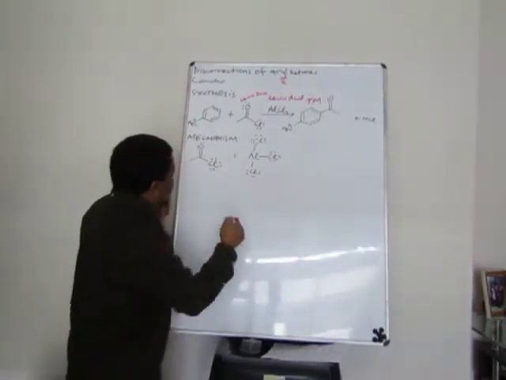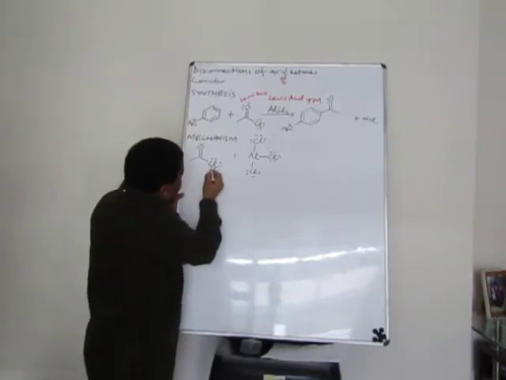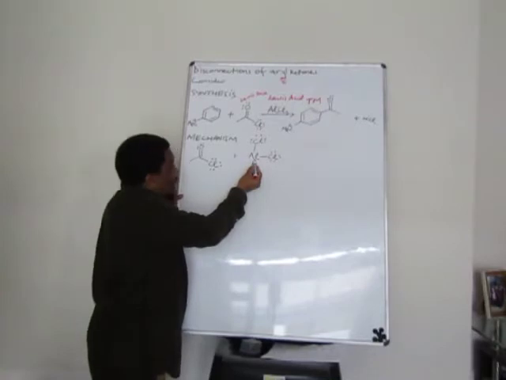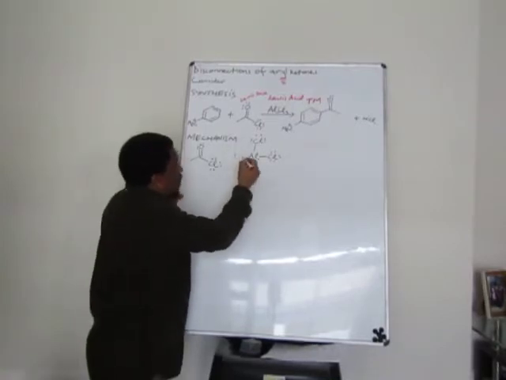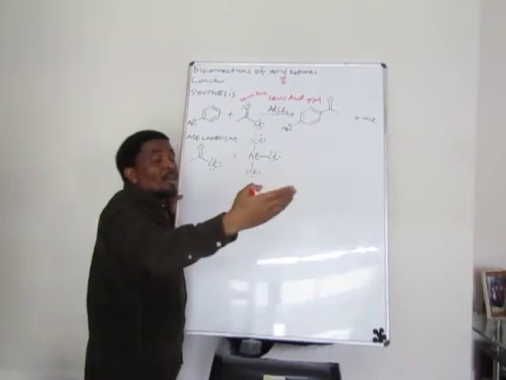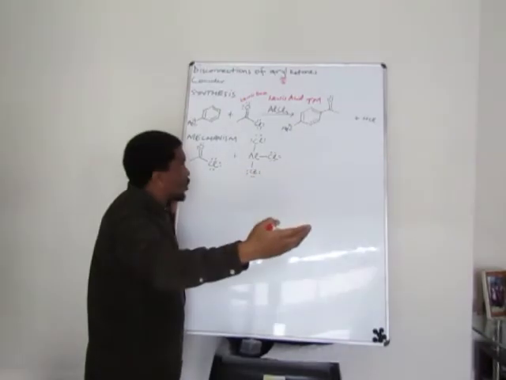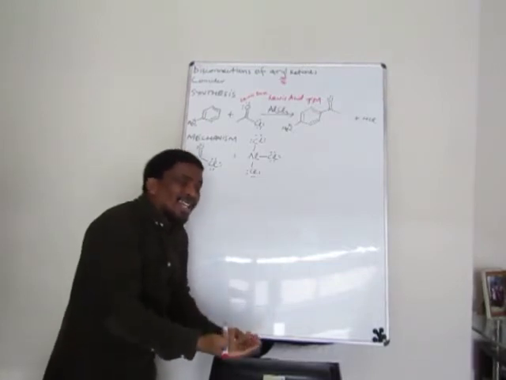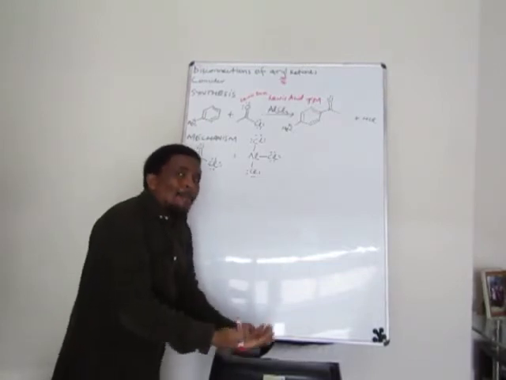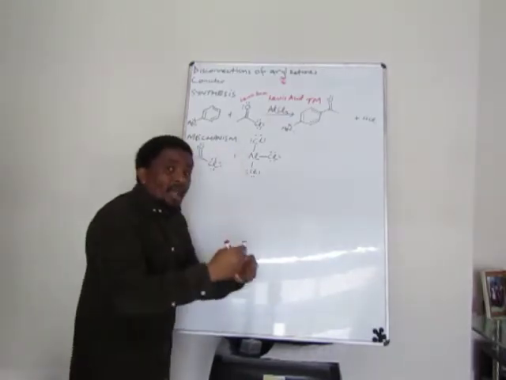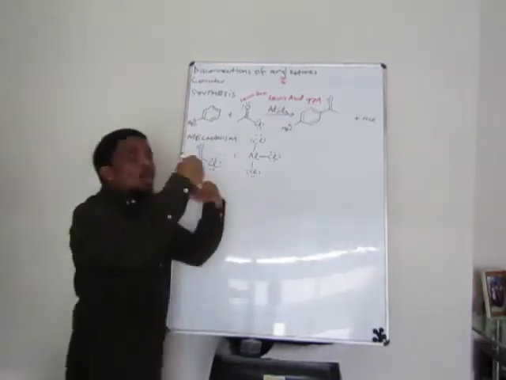How does that take place? Remember the definition of a Lewis acid, if you go back to first year chemistry or high school chemistry: it's an acid that can accept a pair of electrons donated to it by a Lewis base.